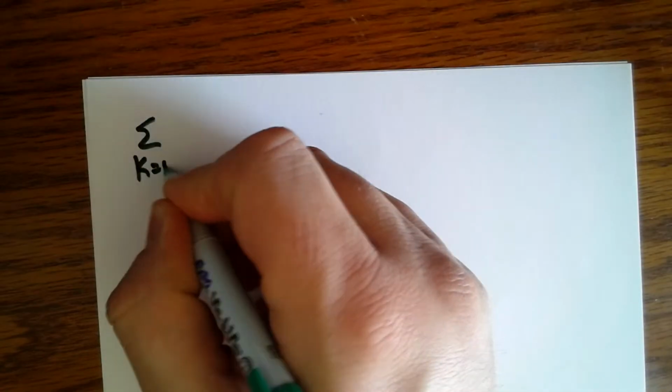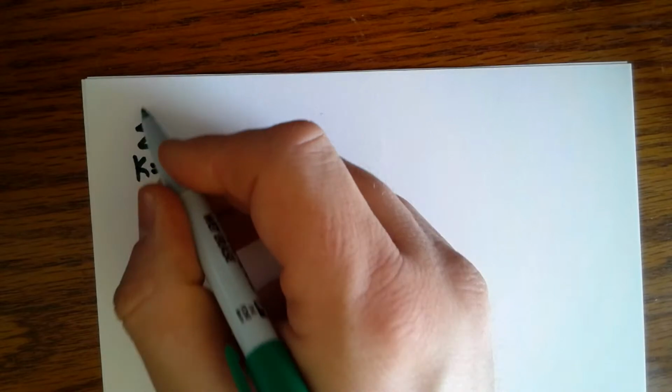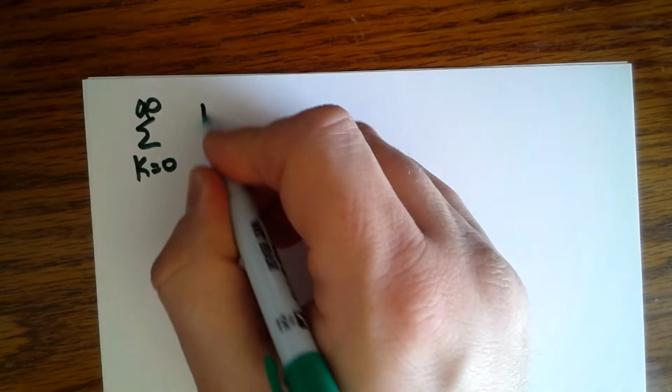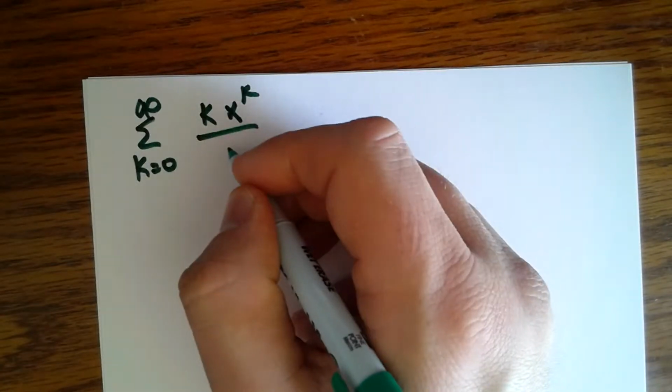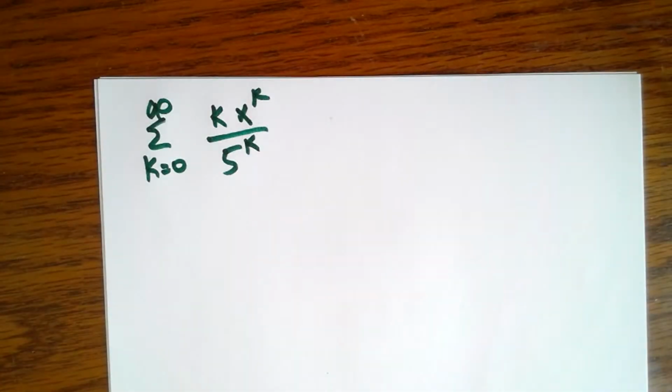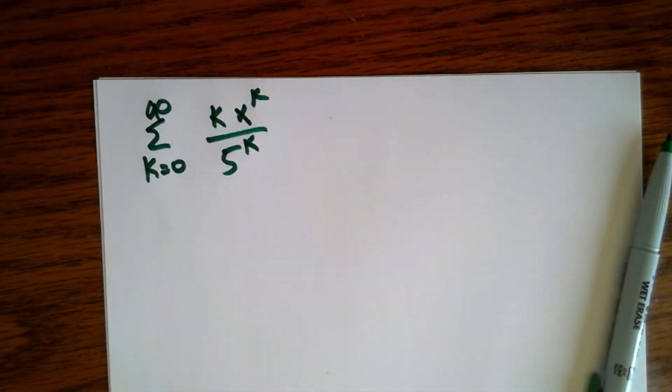Okay, if I remember correctly, we did this one last time. The sum from k equals 0 to infinity, and we had it as k x to the k over, I think it was 5 to the k. Can somebody verify that? It is.